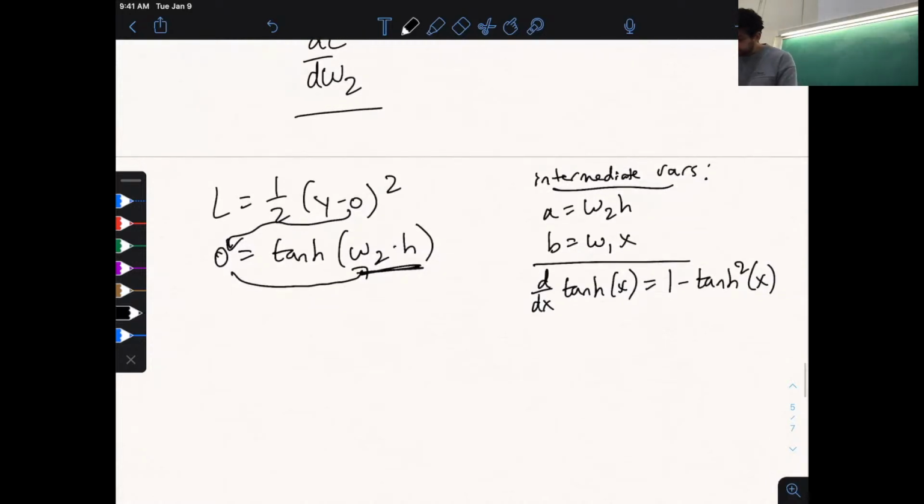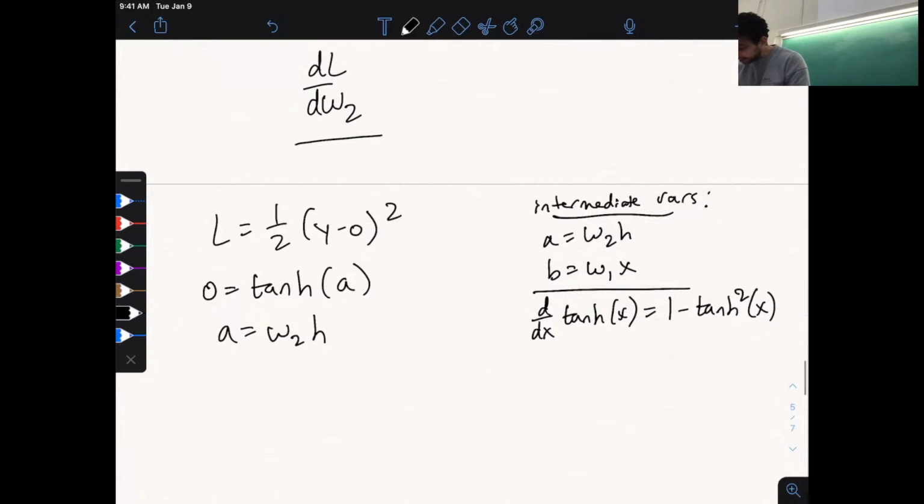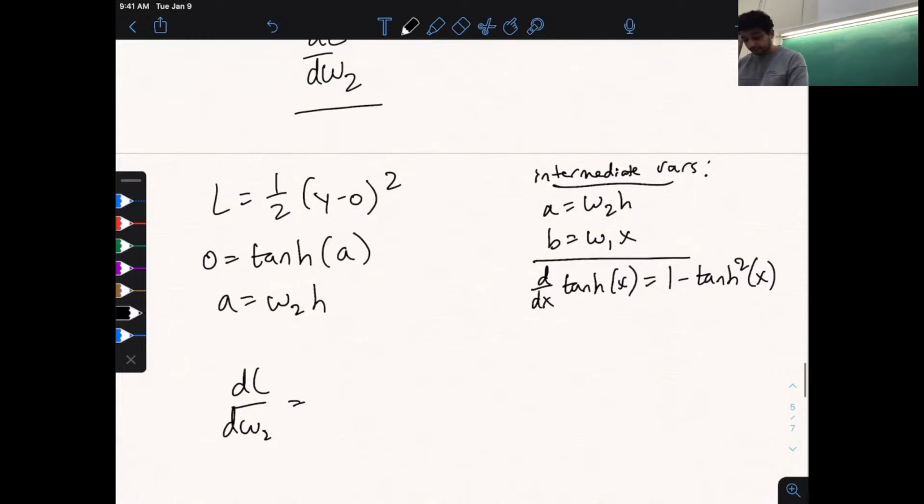All right, so let's rewrite our equations now to include these intermediate variables. Specifically, I have O equals tanh of A, and then I have A equals W2H. So if I want to compute dL/dW2, I'm going to use the chain rule to expand this out into the product of these partial derivatives.